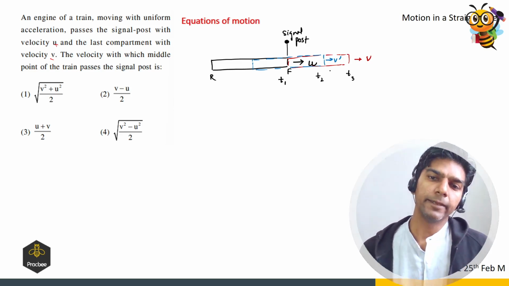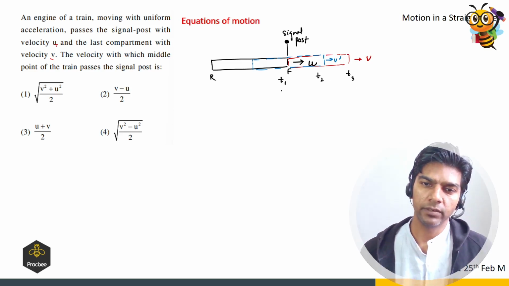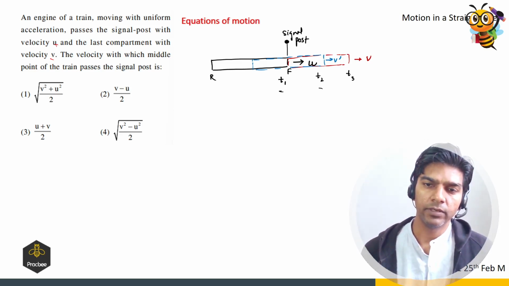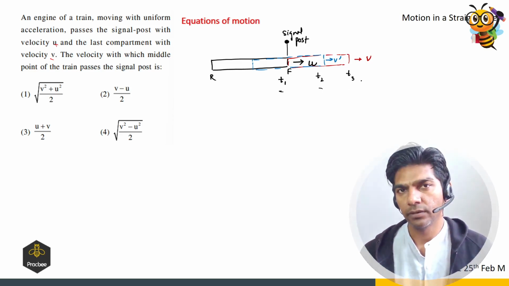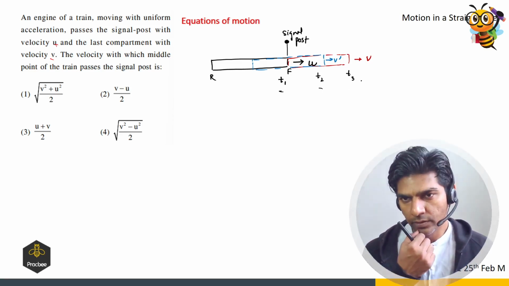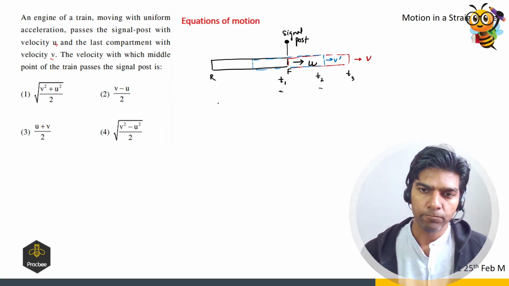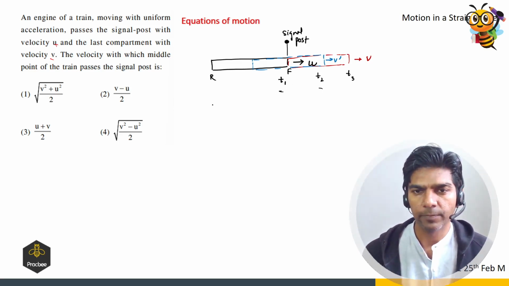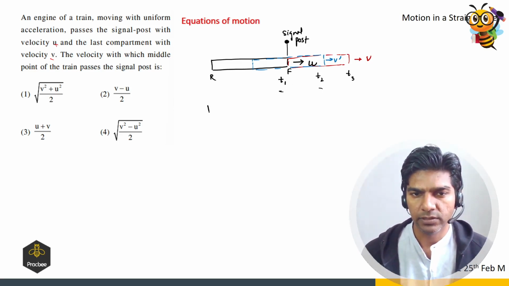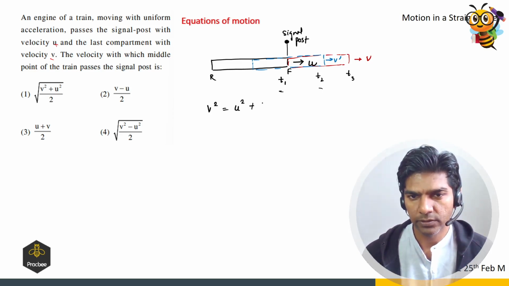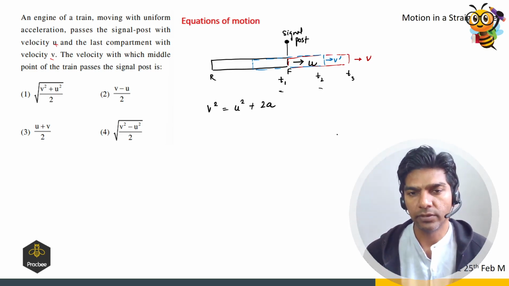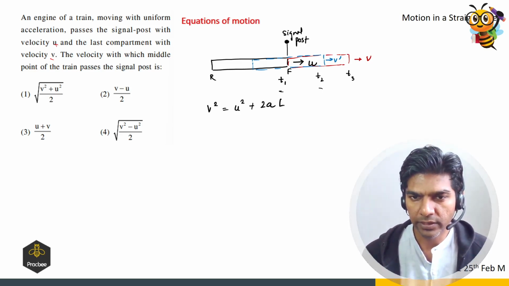So let us apply the equation of motion between t1 and t3, right? So we can use this relation: v square is equal to u square plus 2as. Now here displacement is nothing but the length of the train, so let me take the length of the train as L.